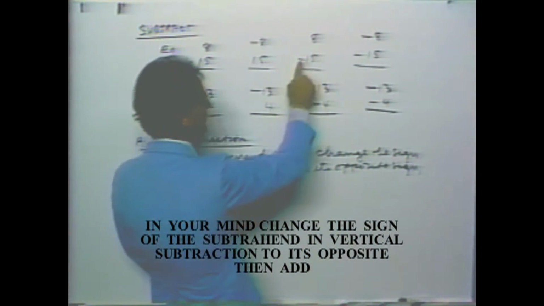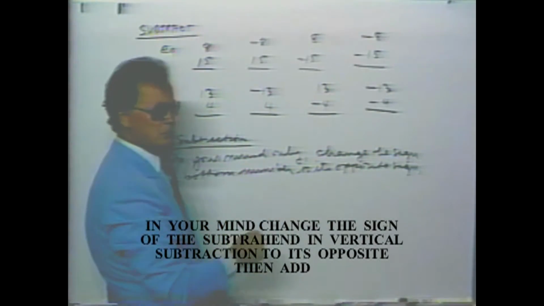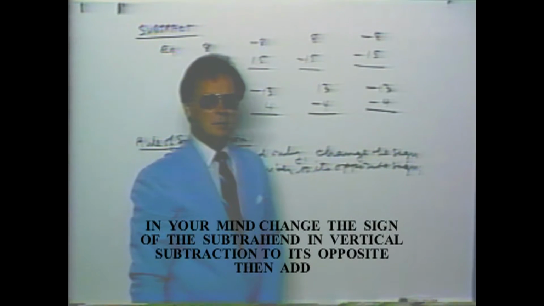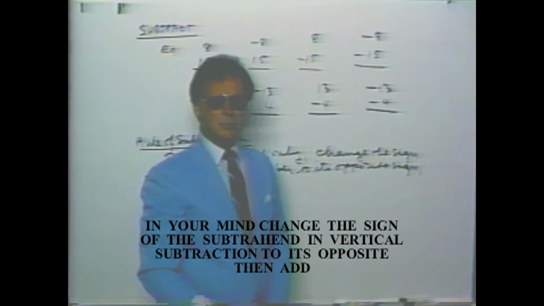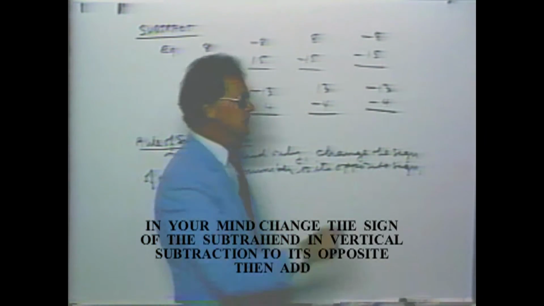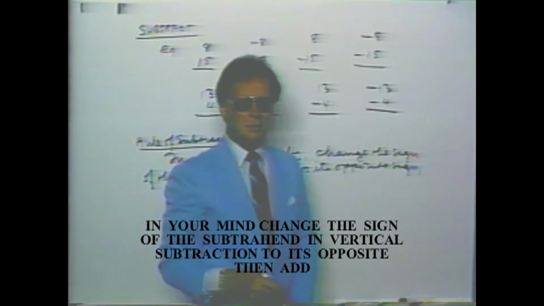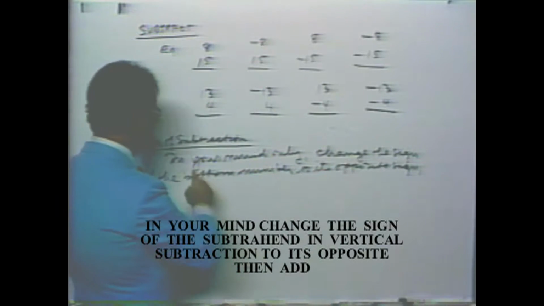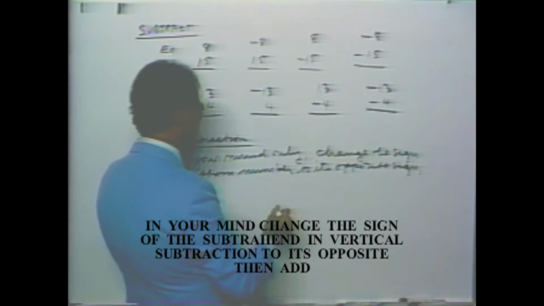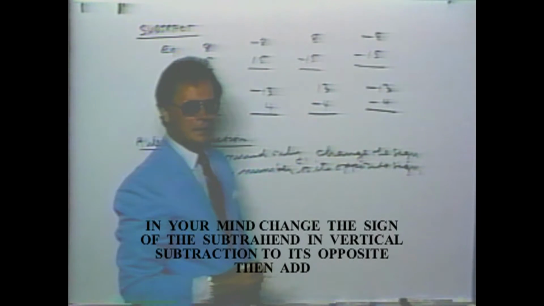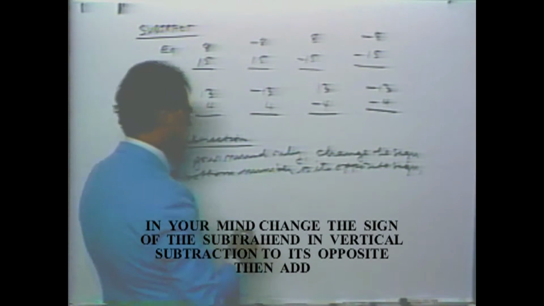The opposite to negative is positive. But don't write those new signs in there because you're going to be changing the problem. Leave the signs as they are, but think of them as being the opposite. So, in your mind only, change the sign of the bottom number to its opposite sign and add it to the top one.